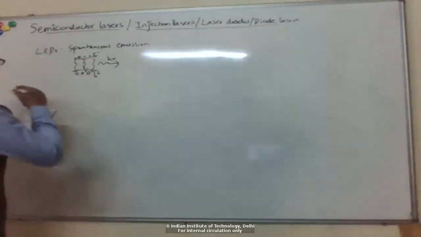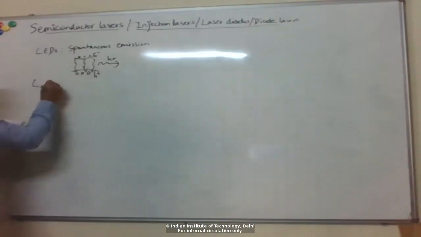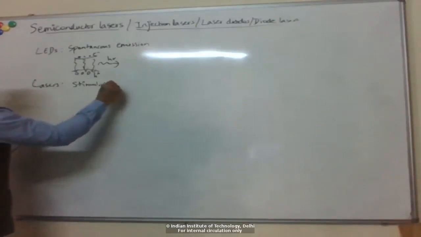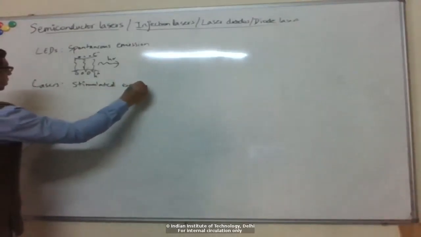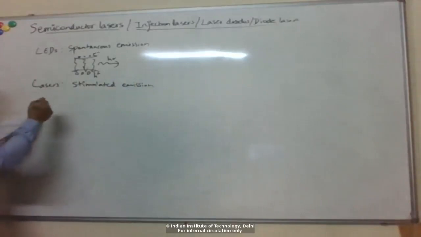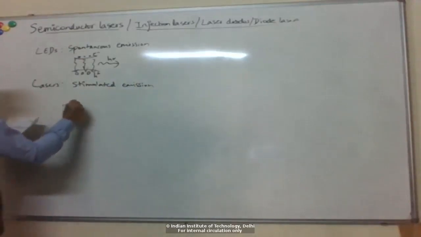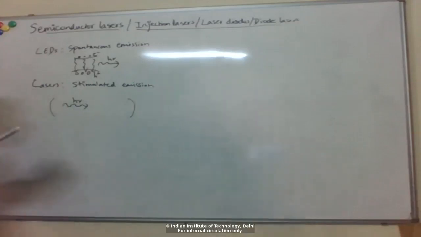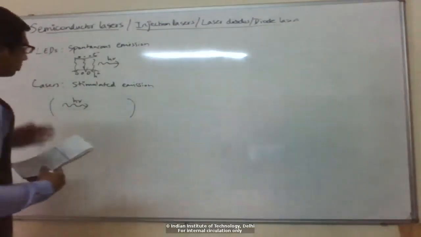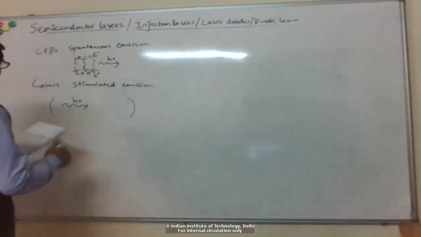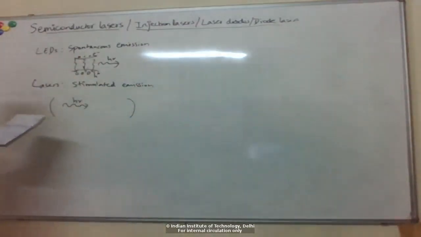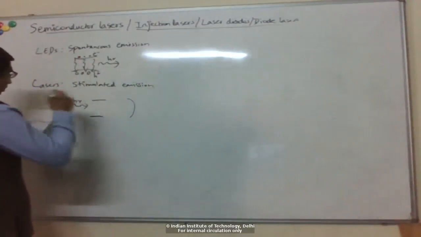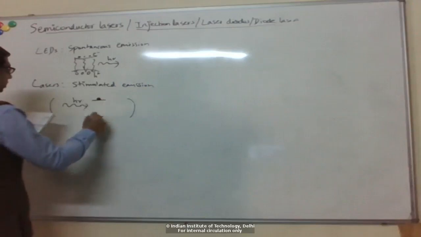Whereas for lasers, as you know, we go into the regime of what is known as stimulated emission, right? So what's happening now is you set up this medium for light emission inside an optical cavity which provides feedback, and you inject enough carriers such that you have population inversion, right?